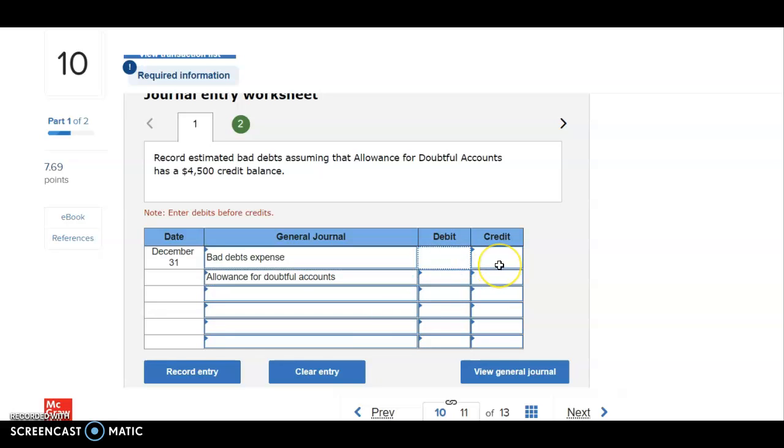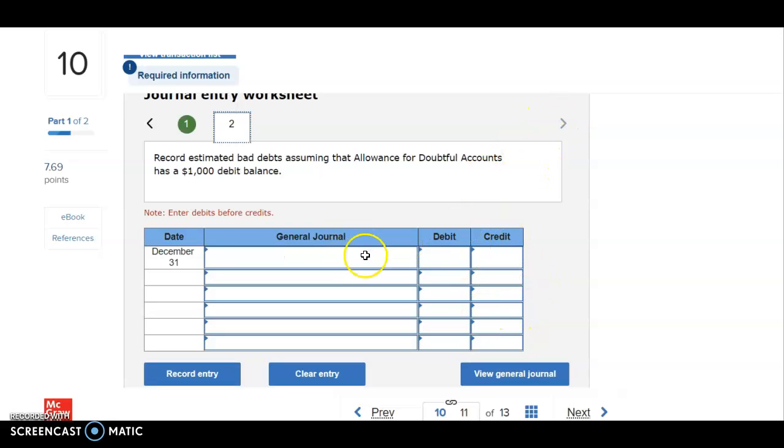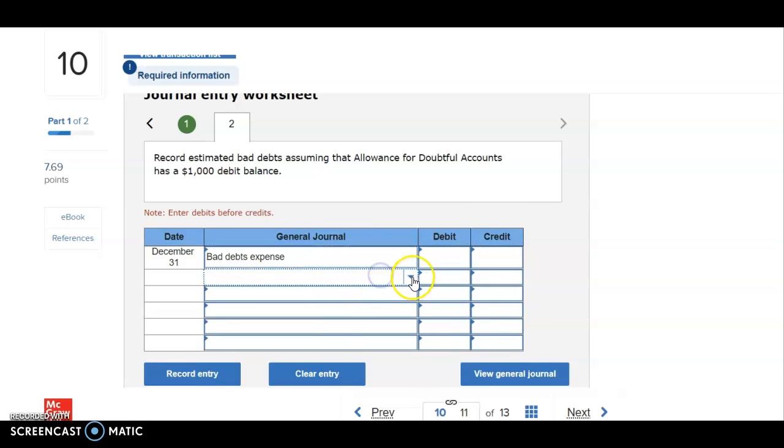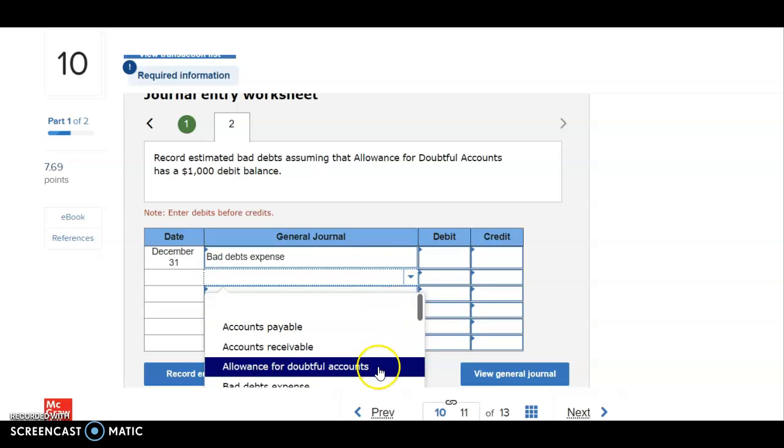So we're going to add $9,570 to that $4,500 credit to equal the $14,070. So our adjustment that needs to be made is the $9,570.